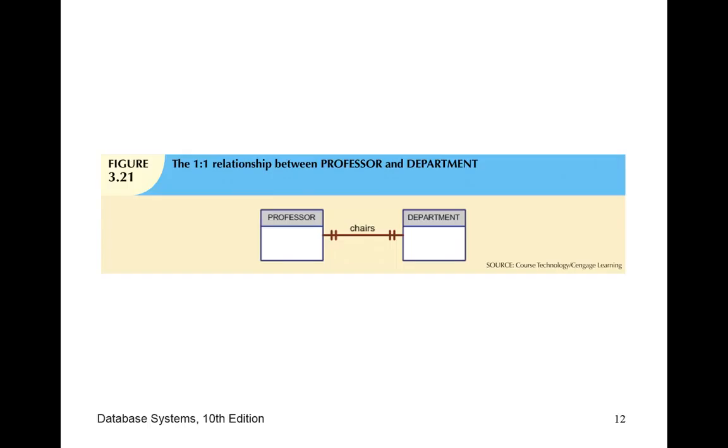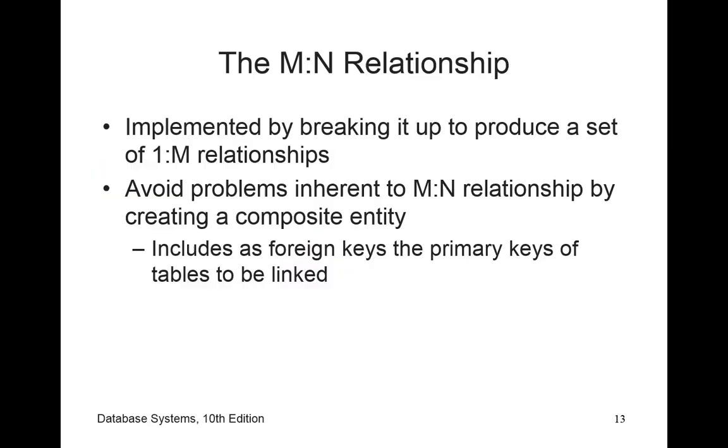You can't chair more than one department. As an example, here at Rose, I'm in three departments right now: CIT, management, and multimedia. So I can be in three departments without any problem. But if they wanted me to be the department chair, I could only be the chair of one of those divisions. And this is a rule we have at Rose also. So just an example of a one-to-one relationship.